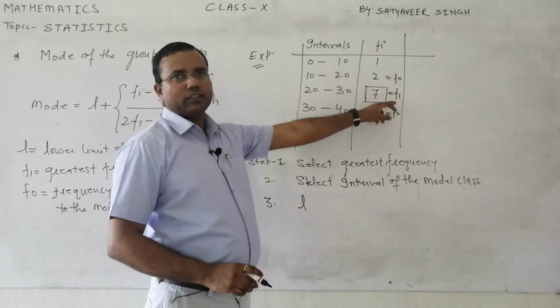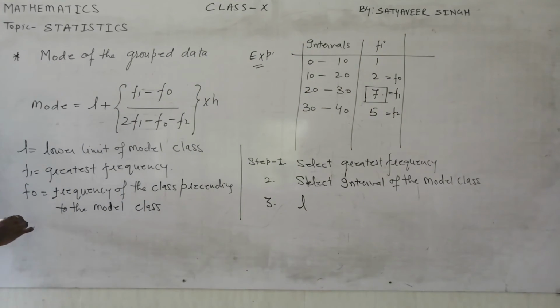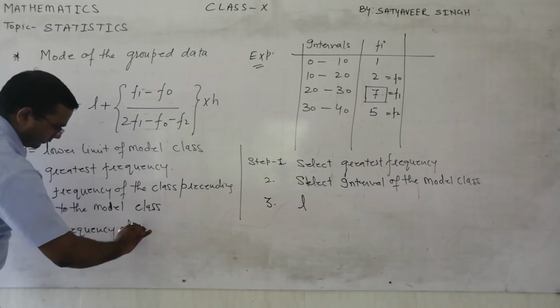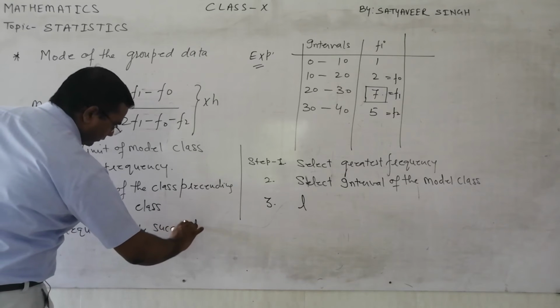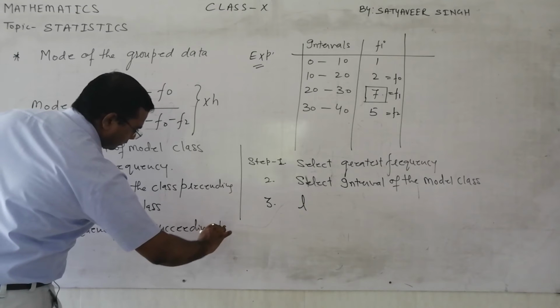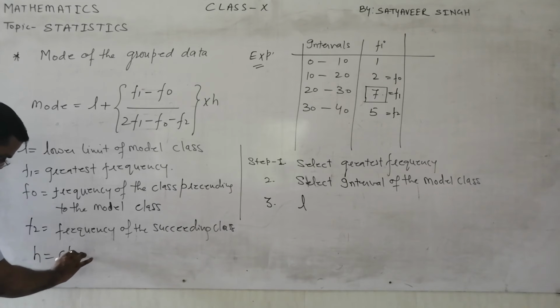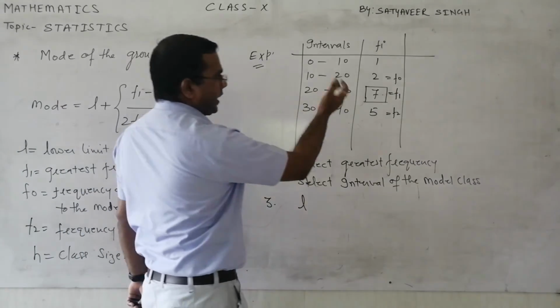If this is F1, then the one before it is called F0. Then what is F2? It is the frequency of the succeeding class. And what is H? We already know H is the class size. So you get all these terms from here.